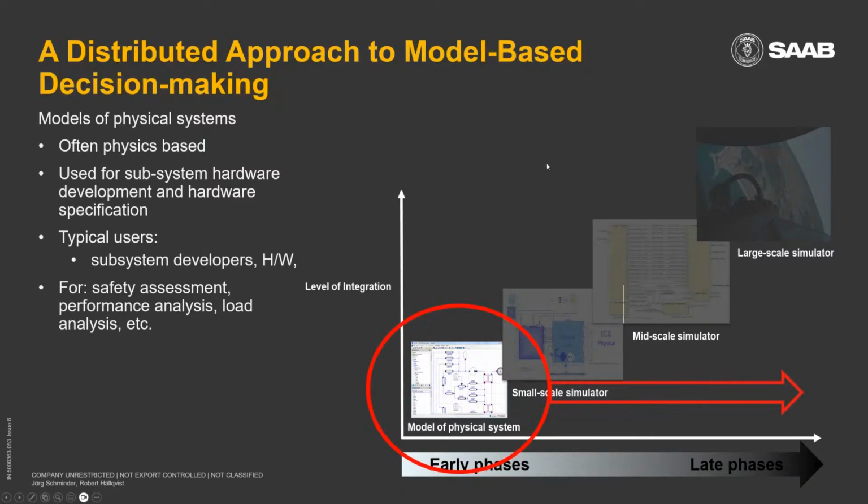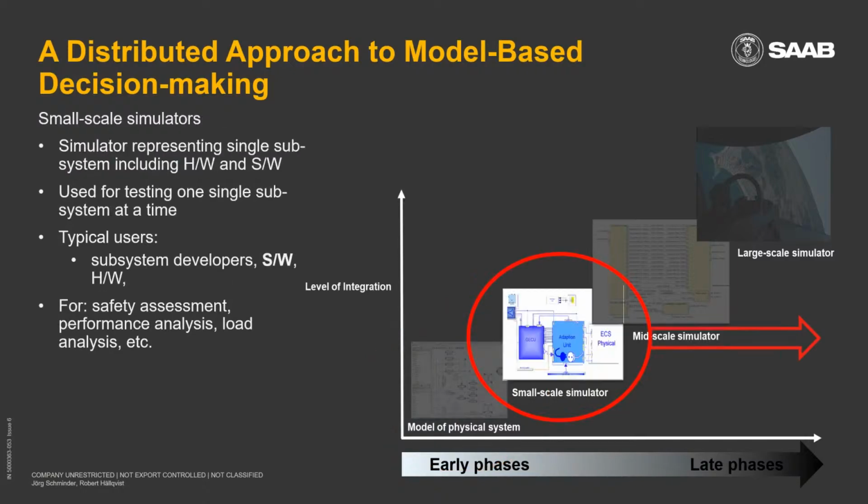In the late life cycle phases, we heard Jan talk about digital twins, and this would be a potential digital twin prototype in this early phase. So once we feel that this model is mature enough, we develop a corresponding controlling software, and we integrate the hardware model together with the software in what we refer to as a small-scale simulator.